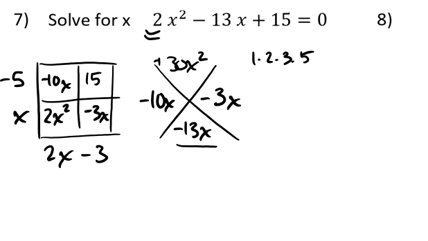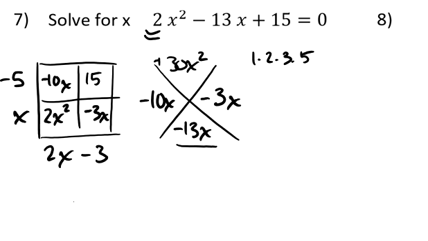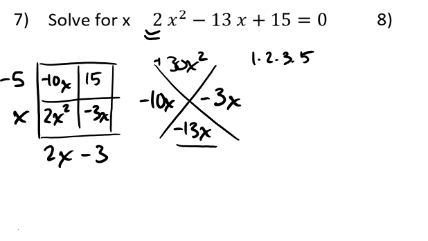And then the other ones: if I multiply x and this negative 3, I do get negative 3x, so that checks nicely. And the other one is when I multiply this negative 5 with this 2x, I do indeed get negative 10x. So that all works quite nicely.